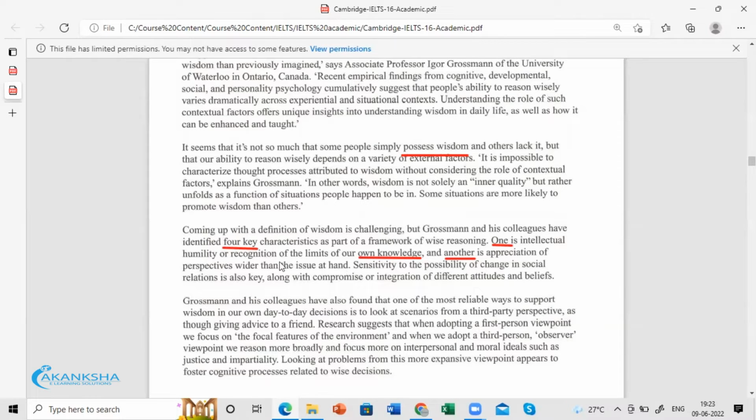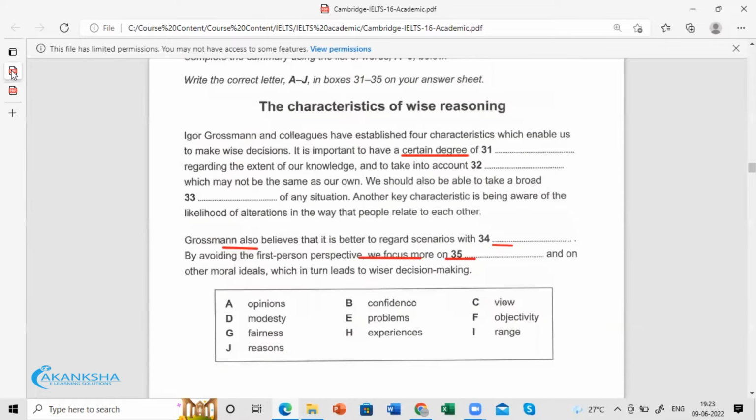So what do you think? Humility or recognition. For that word, what word from A to J could be connecting to us, or could be identifiable as an answer here, as a synonym?